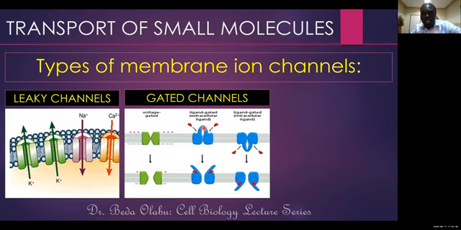The third type of gated channels are channels, not in these images, which are opened by mechanical disturbance. If there is some mechanical disturbance on the cell membrane that reaches a particular threshold, it may open some channels. So we call those channels mechanically gated channels.